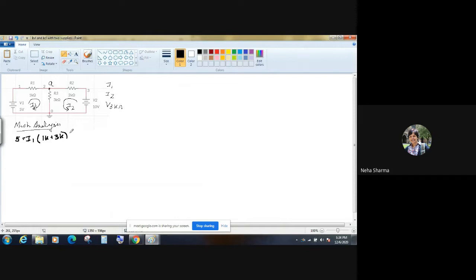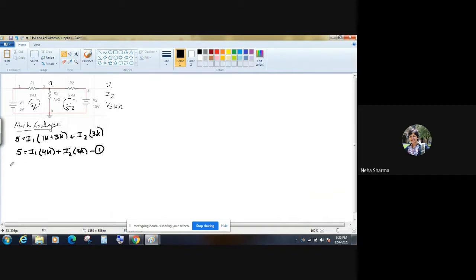So both the currents are flowing in the same direction. As a result, plus I2 times 3K. My final equation looks of the form 5 is equal to I1 times 4K plus I2 times 3K. This is my first equation.